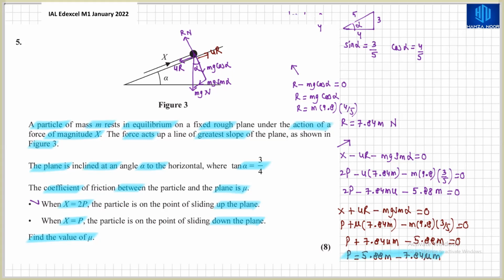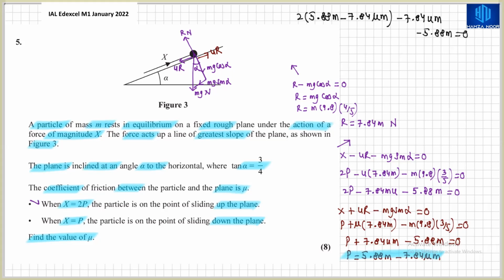So here I'm erasing the working on the top in order to make some space, and I'll be continuing my working with black pen. So 2 times p, meaning 2 times 5.88 m minus 7.84 times mu times m, and then minus 7.84 times mu times m, or you can say m times mu, same thing, minus 5.88 m, and this whole thing is equal to 0.